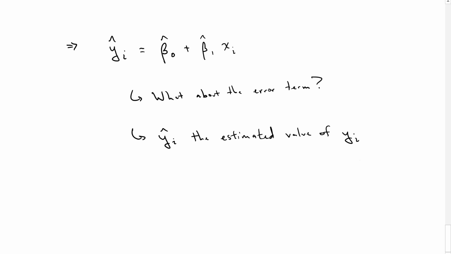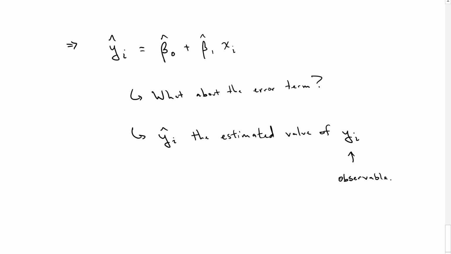Now yi, this is actually observable. And so what we're essentially trying to do is estimate a beta 0 and a beta 1 such that we get a close estimate of the outcome, as close to true as possible. And what are we defining as close, and what's as close as possible?